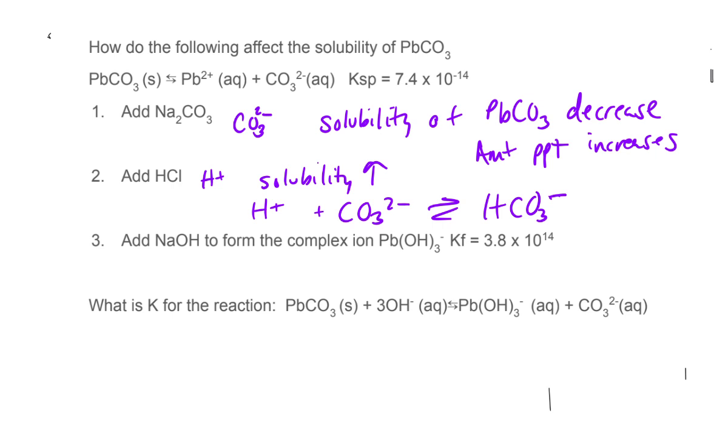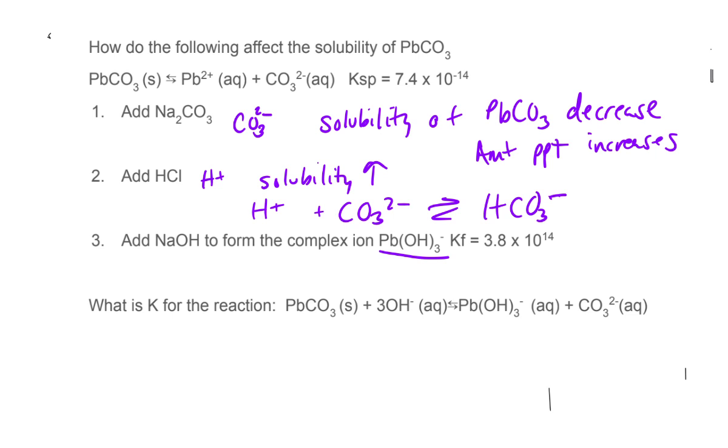Okay. So those are tricky, and then we can make it even trickier by forming a complex ion. Let's say we add, and I wouldn't say you need to predict that these complex ions can form, but you should be able to recognize what to do with the problem if there is a complex ion.